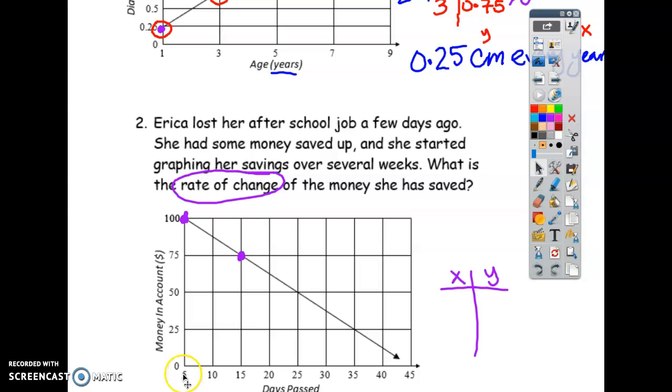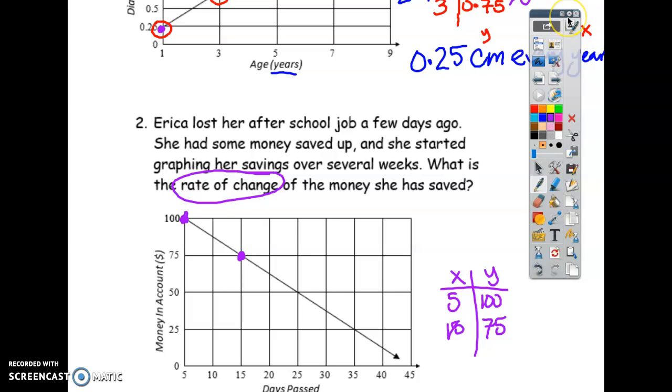Okay, so after 5 days, how much money does she have? $100. So we're going to say 5 days, she has $100. After 15 days, how much money does she have? 75. So 15 days, she has $75.